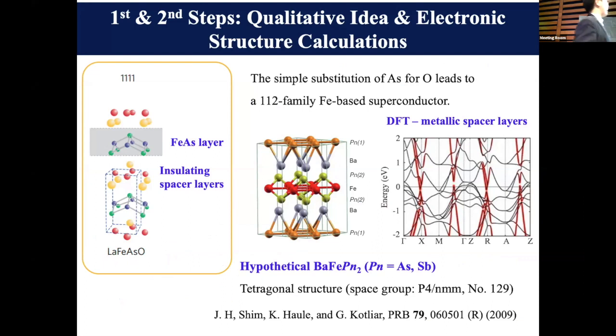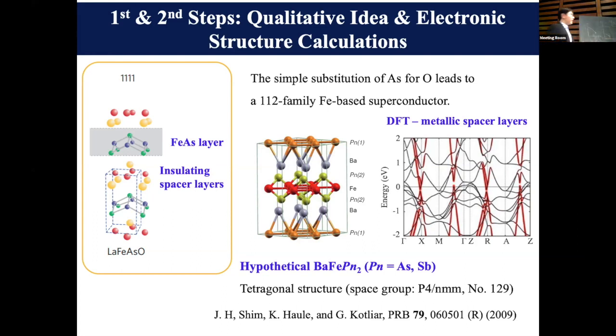The idea is that a simple substitution of arsenic for oxygen is available in the 1-1-1-1 compound, and then a hypothetical tetragonal 1-1-2 compound could be obtained. From the DFT calculation, we also found that it had a metallic spacer layer. It is quite unique because the other iron-based superconductors have an insulating layer.